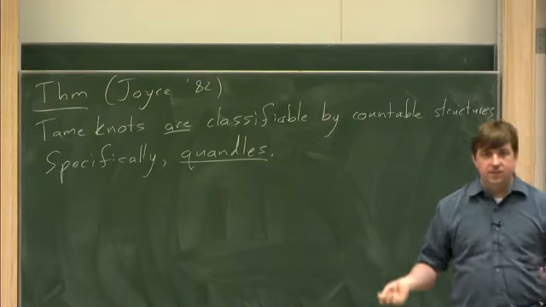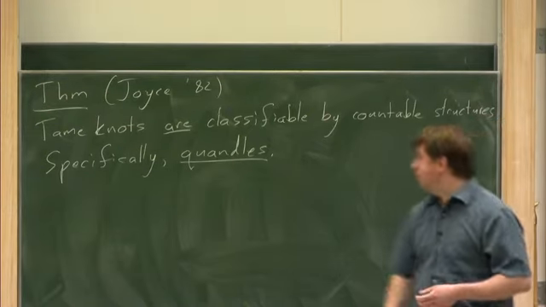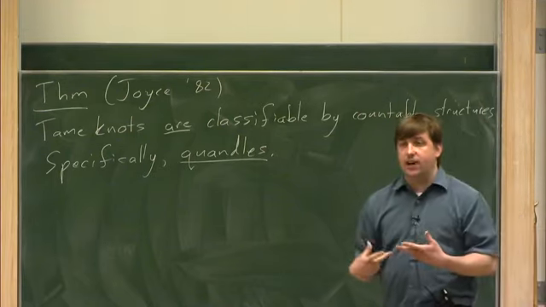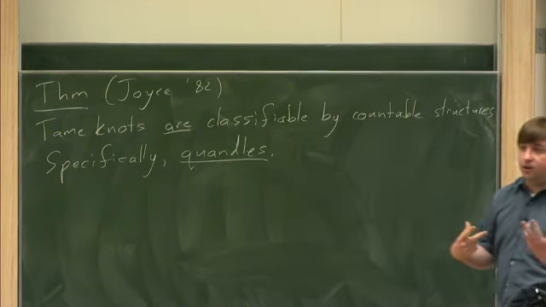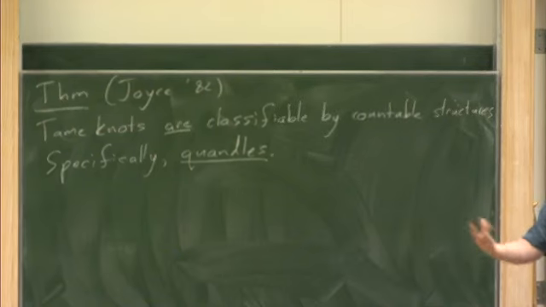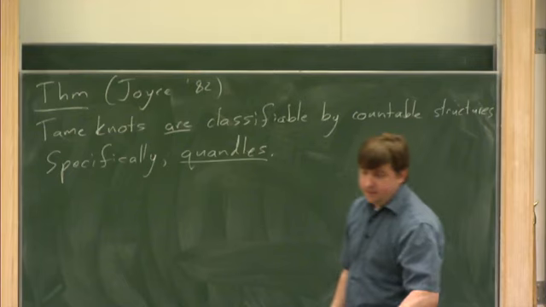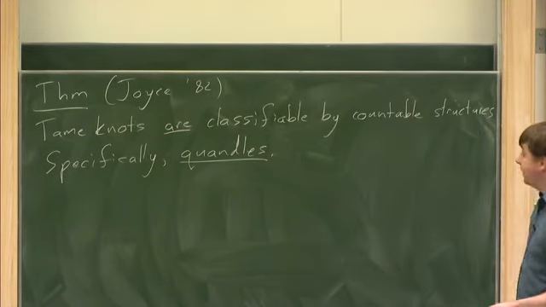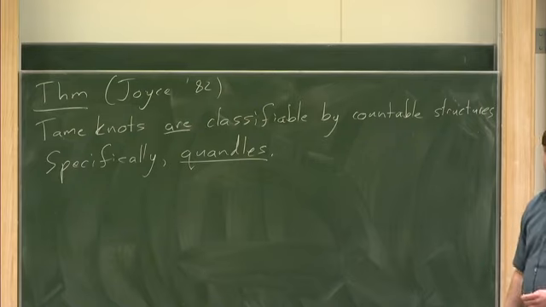So we've got this class of objects, the quandles, algebraic objects. I'll tell you in just a moment what they are. There's a way of associating a quandle to any tame knot in such a way that if two knots are equivalent, then the corresponding quandles are isomorphic. Also the converse, that's right: it's a complete invariant.